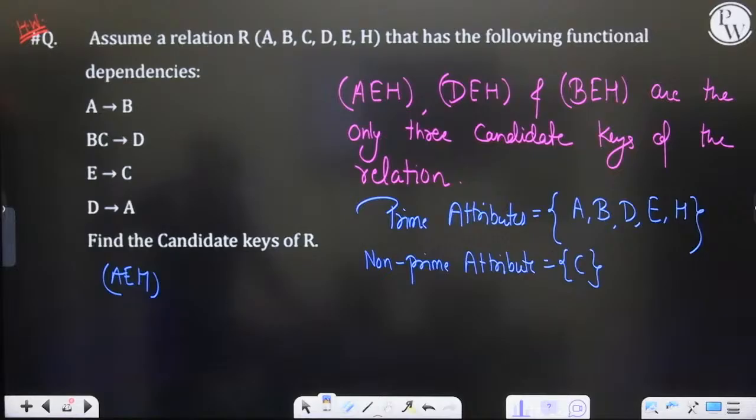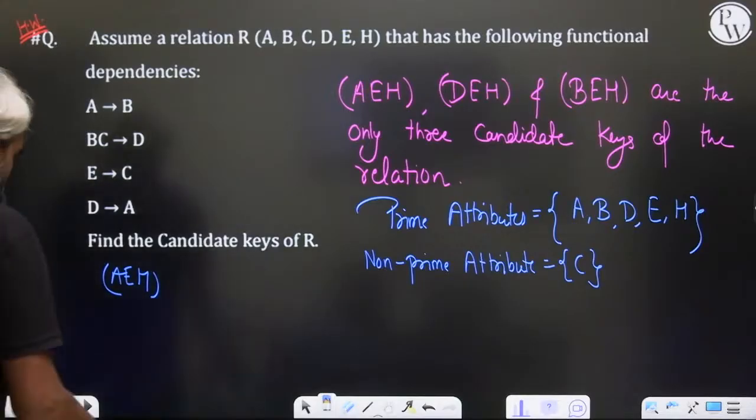If I include A, it will be A, E, H. E, H can determine C. So from A, E, H, you will have A, E, H, C. And A can determine B. So closure: you will never write the closure by following those steps that I explained. Just by looking at the FDs, you will be able to write the closure. Right? So I'll get to know that AH is a key.